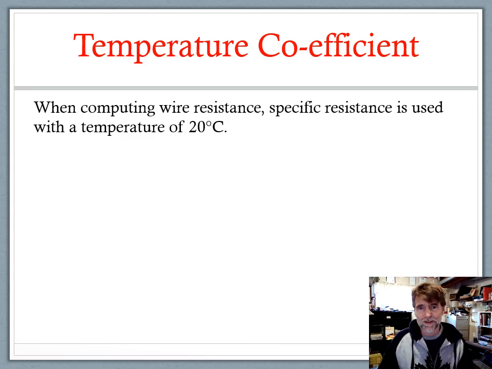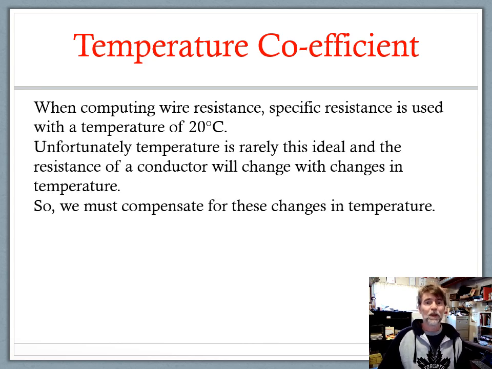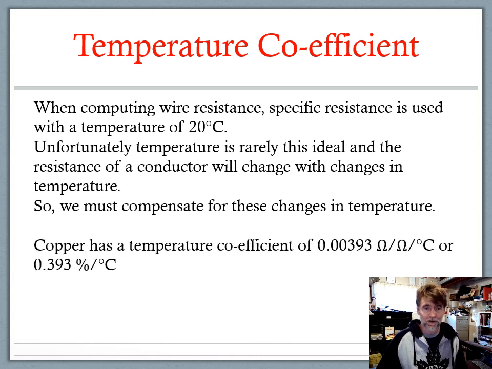So that's a starting point. But typically, that's not going to be the temperature. That's roughly room temperature, but there's all kinds of reasons why the temperature might be much lower or much higher in the actual environment that conductor is being used. So we have to compensate for these changes in temperature.